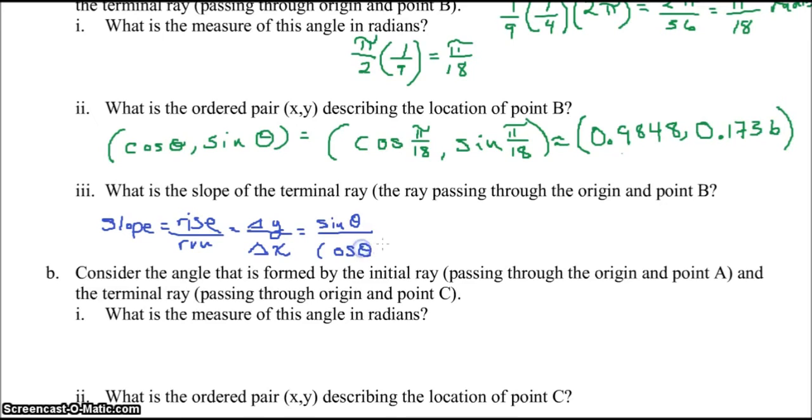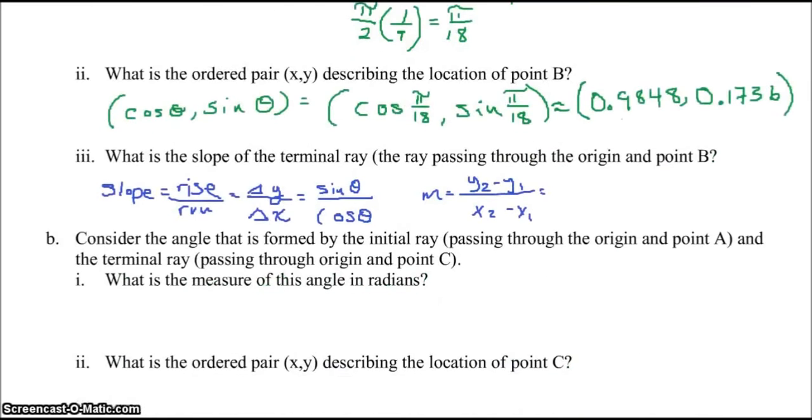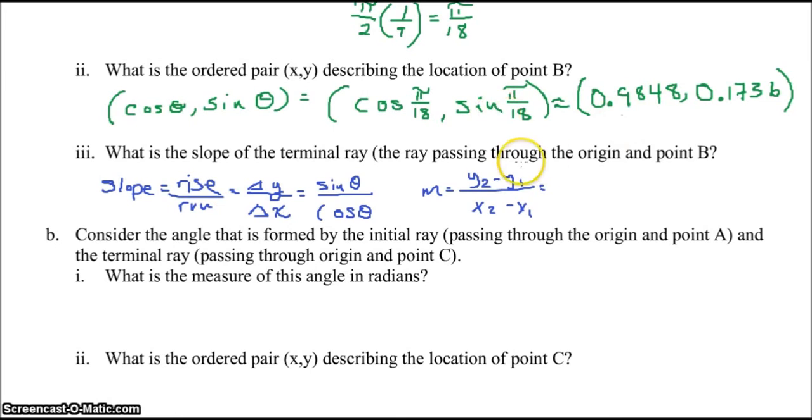Notice that if you use the slope formula, m equals y2 minus y1 over x2 minus x1, you get the same thing, because the second point x, y is B, and that's cosine of theta comma sine theta, so the y coordinate is sine theta, and the origin point is 0.